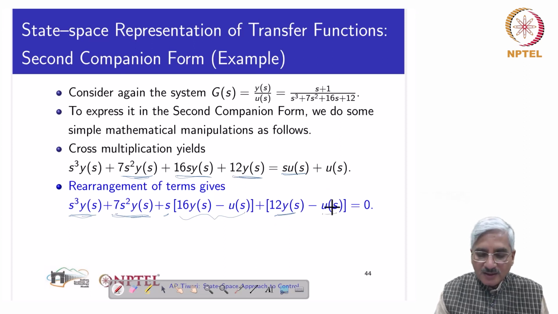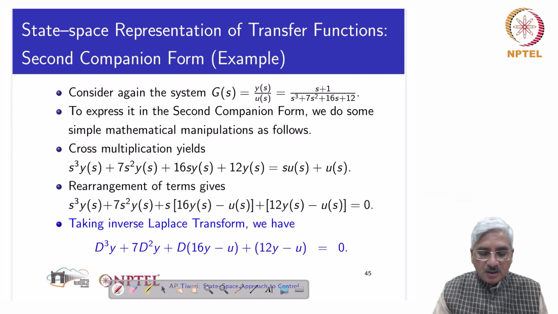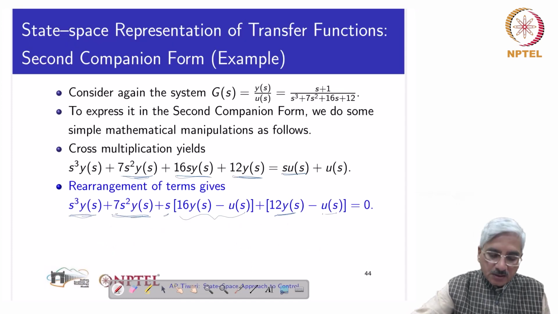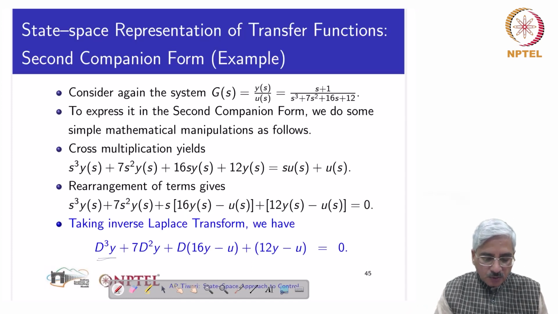And now we identify the state variables. Before identifying the state variables, we take the inverse Laplace of this. So s cube Y(s) gives d cube y, s square Y(s) gives d square y, with the 7 here, and d of 16y minus u, and this term as it is.